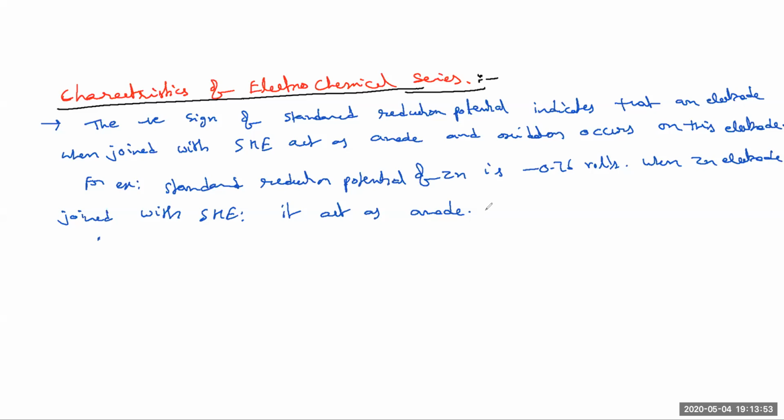Anode means it is the negative electrode, that is, oxidation occurs on this electrode. Understood this one point? Yes, sir.